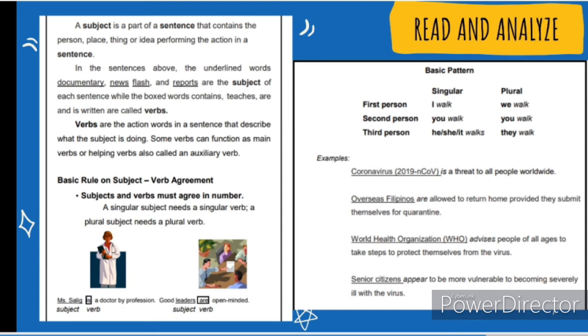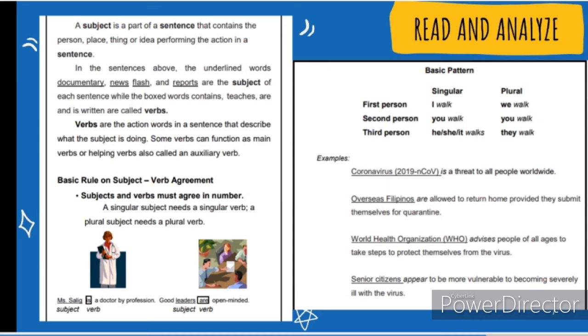Coronavirus 2019 nCoV is the subject. The verb here is is. Again, the verb is not just an action word. A verb could also be an auxiliary or helping verb. Is is an auxiliary verb, and is a singular form of the verb. Therefore, this is correct. Coronavirus is the singular subject and is is a singular verb.